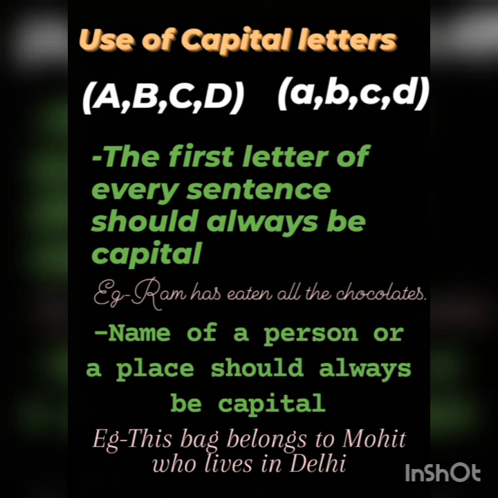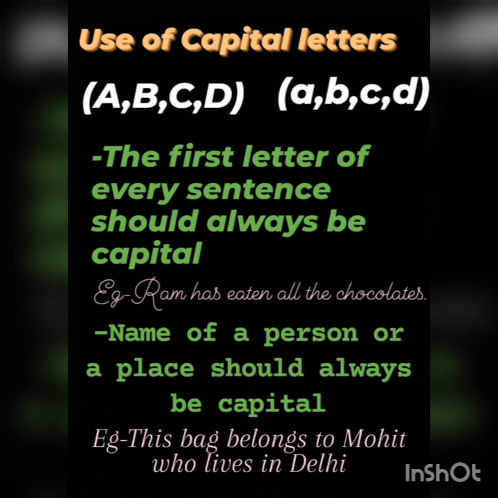Whenever you see a name of a person or a name of a place, you should always start it with a capital letter. Name of a person like Vaibhav, Rani, Ragni. There are many names. And places like Delhi, Jaipur, Goa. So whenever you are writing a name of a person or a name of a place, it should start with a capital letter.